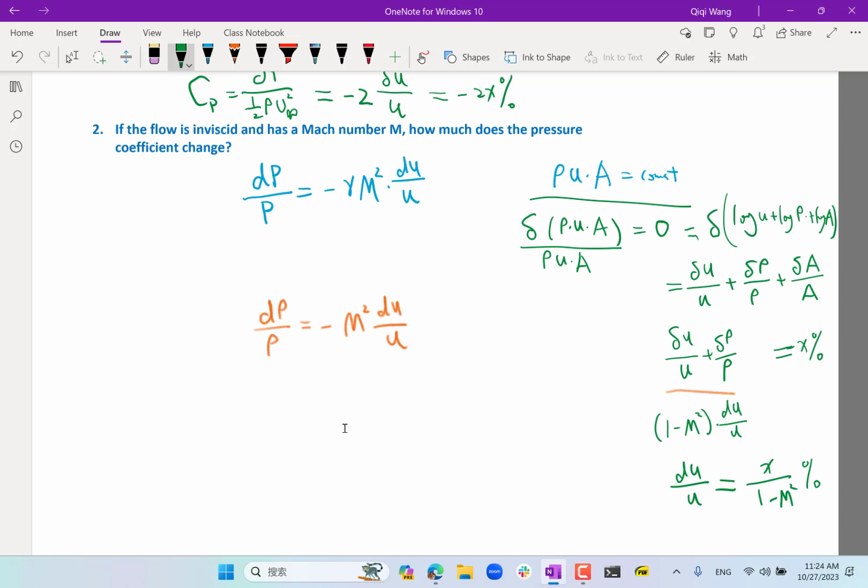Finally, let's plug this into the equation that tells us the change in the pressure itself. Once we plug this in, dP over P is going to be minus gamma m squared over 1 minus m squared times du over u, which is x%.